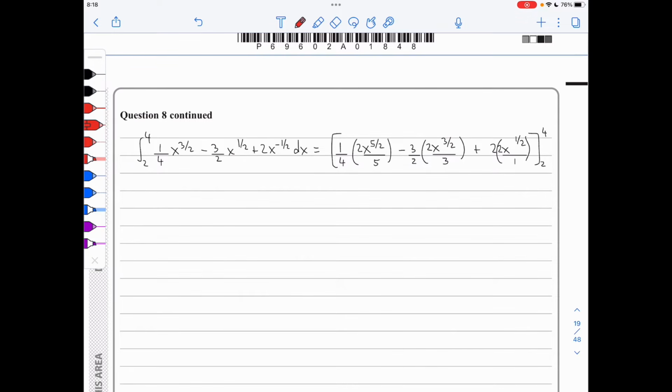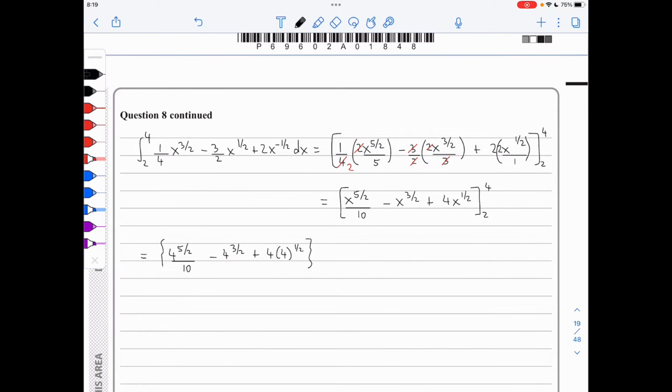Before substituting the limits, let's look at some simplifications. The 4 with the 2 leaves me a 2. The 3 with the 3, the 2 with the 2, they go away. So we are looking at x to the 5 over 2 over 10 minus x to the 3 over 2 plus 4x to the half from 2 to 4. I will substitute the upper limit of 4, and I've got 4 to the 5 over 2 over 10 minus 4 to the 3 over 2 plus 4 times 4 to the half.